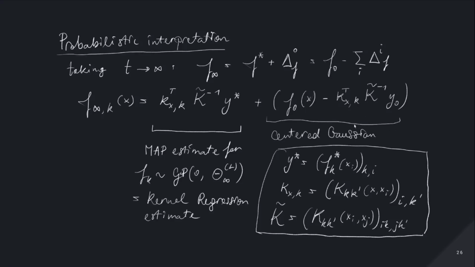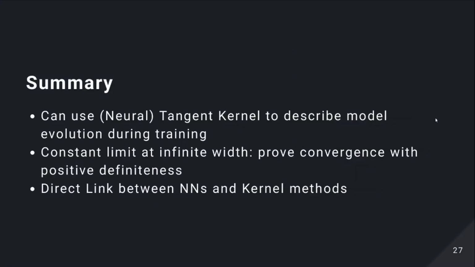So in the end, it's just a Gaussian process with this mean. This is 0, and the covariance of this process is 0 at the data points. They have a nice illustration of that in the paper actually, so maybe I'll show it.